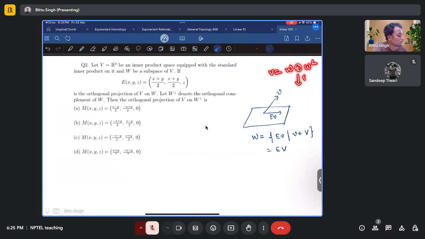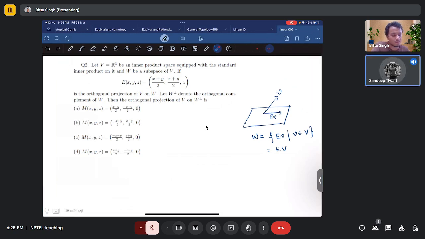Now if you apply E, the second component goes to 0, but the first component goes to EW, and EW means the projection of any element of W onto W, which gives you the same thing. EW is W.